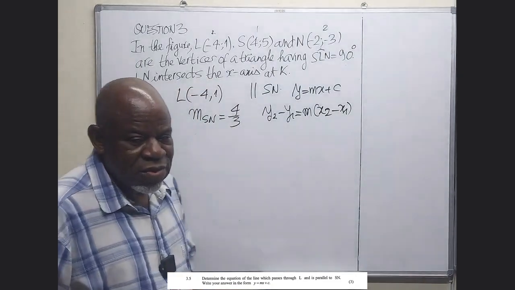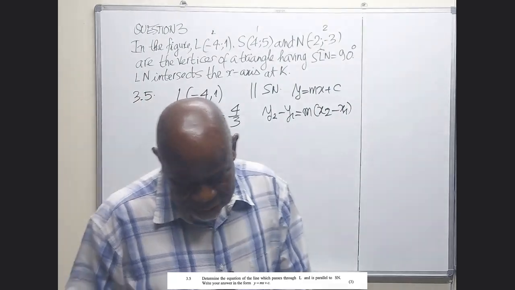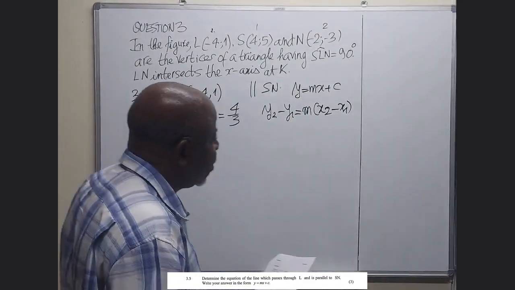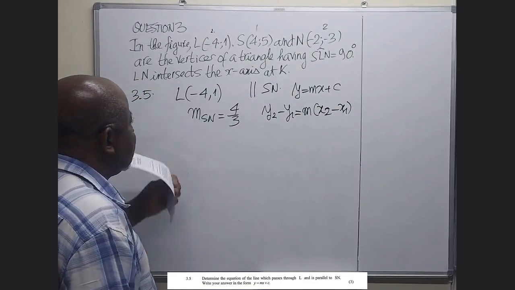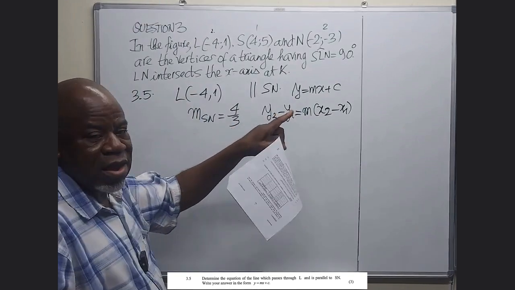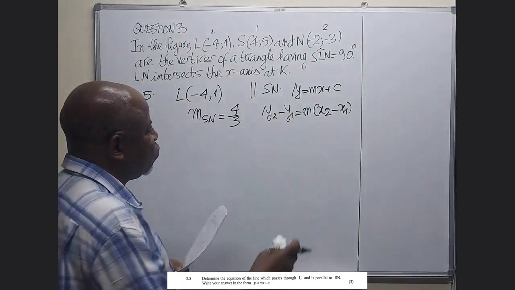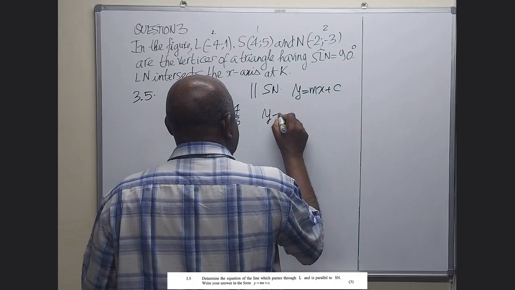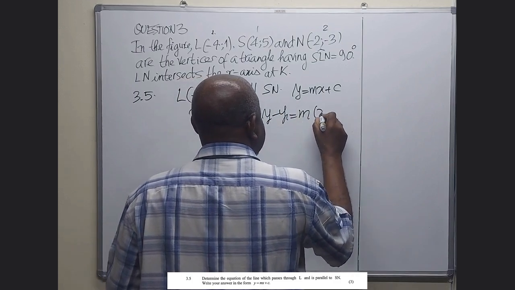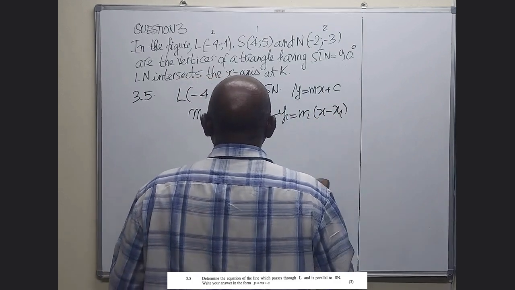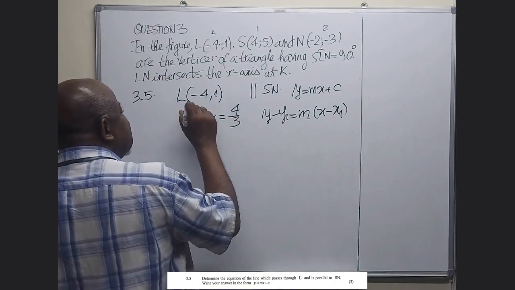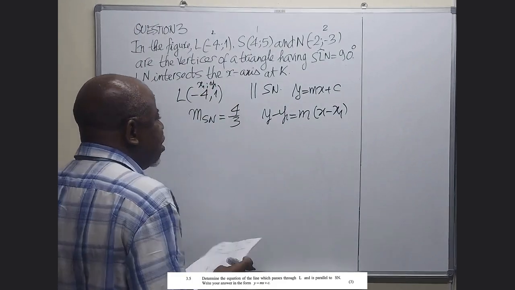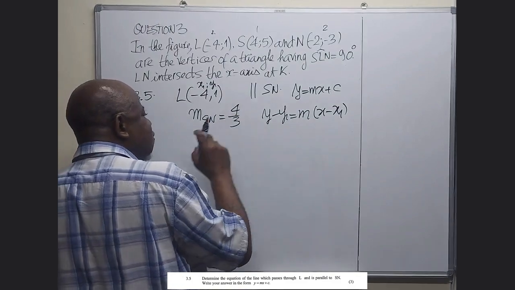Let me put it in a simple way, because here we only have one point. We're not going to consider y2 and x2. So let's write the formula like this: y minus y1 is equal to m times x minus x1. We'll consider the coordinate of L to be x1 and y1. Our gradient is given as 4 over 3.